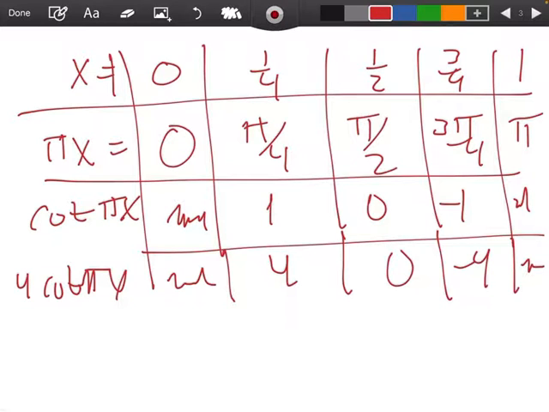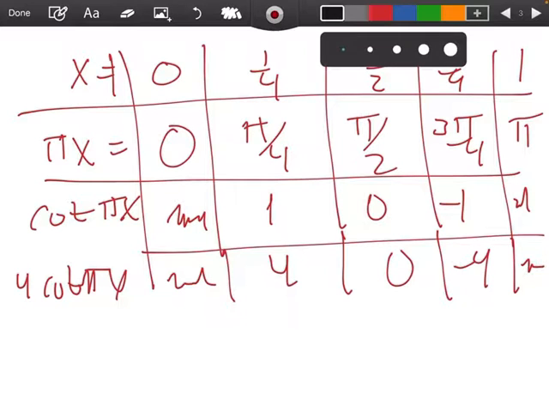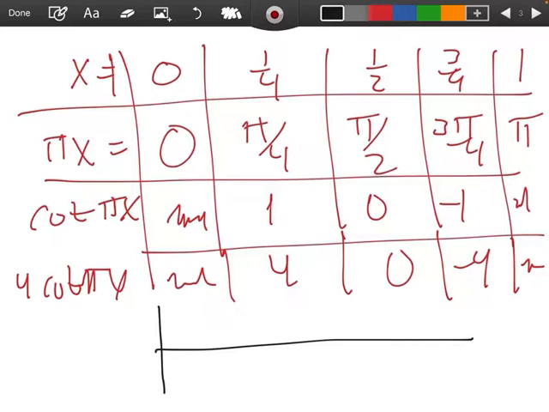Okay, so let's take a look. If I think about these points here, I'm going to try to draw my graph kind of like this. This is going to be 1/4, 1/2, 3/4, and 1.